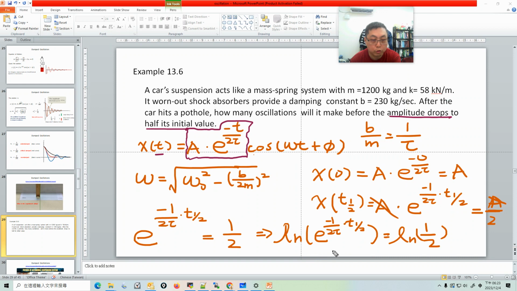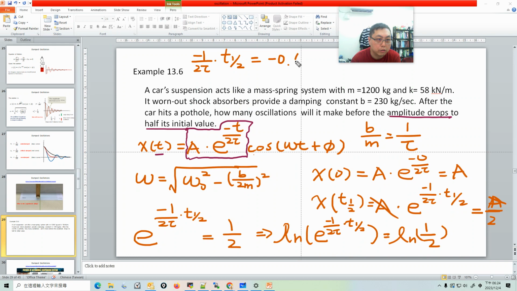You can solve this with your engineering calculator. The left-hand side is just minus T1/2 over 2 tau, and the right-hand side is minus 0.693.